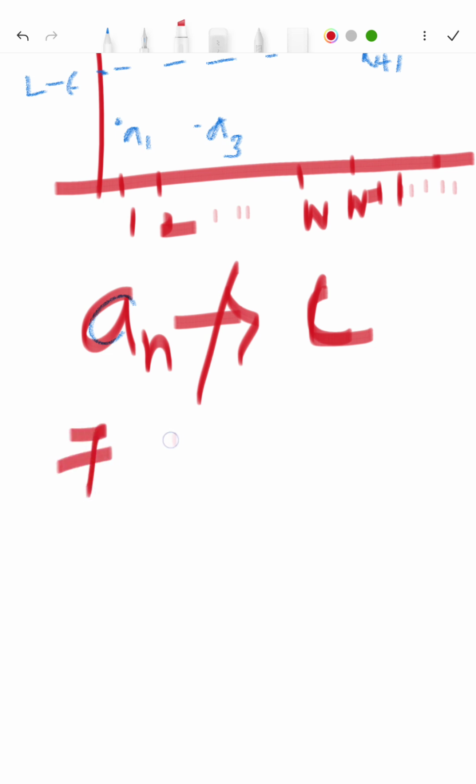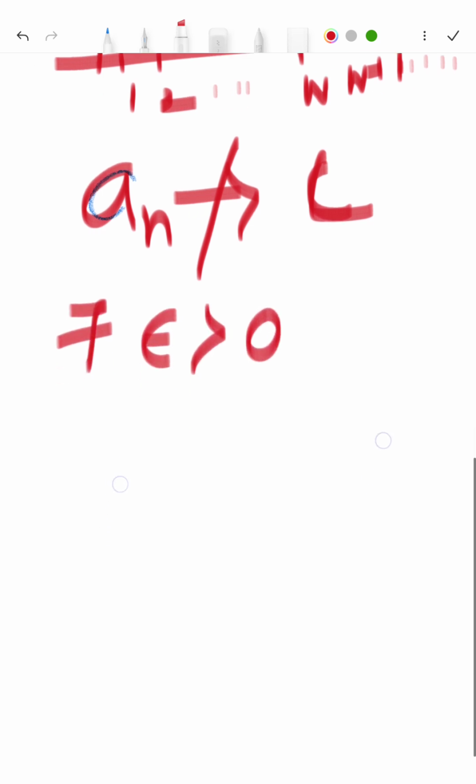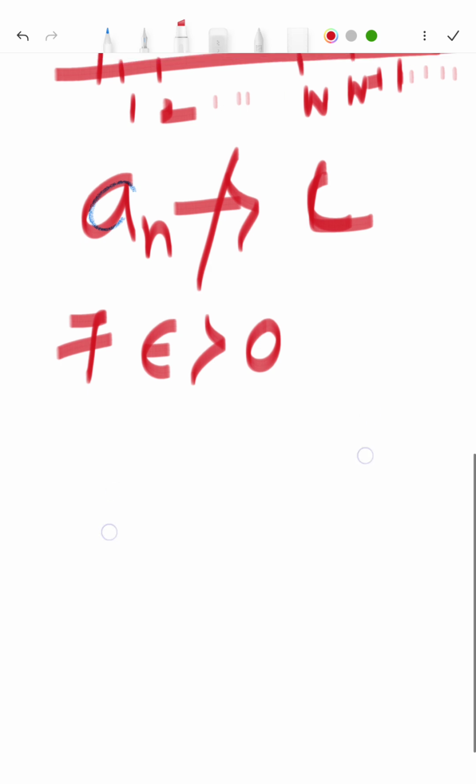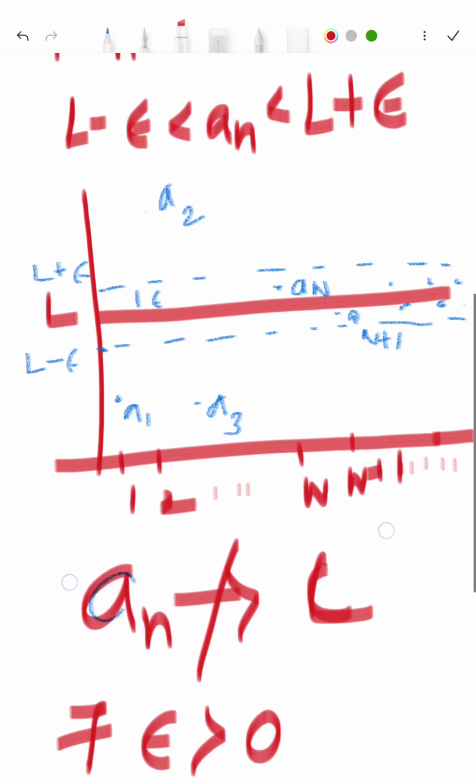if there exists one epsilon positive in such a way that this is the opposite, meaning these a_n's are outside that neighborhood. How many a_n's? Infinitely many. See, here we say for every epsilon only finitely many points are outside.